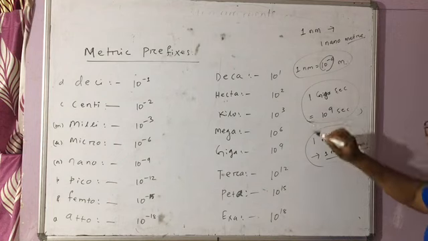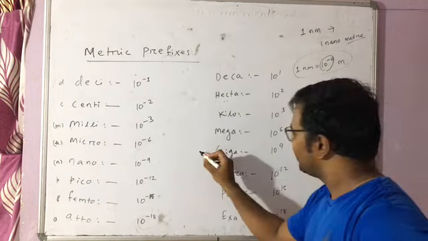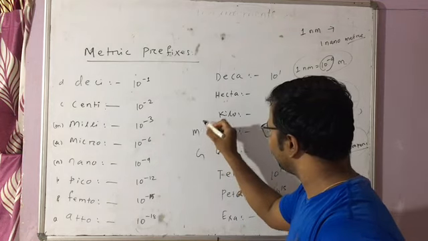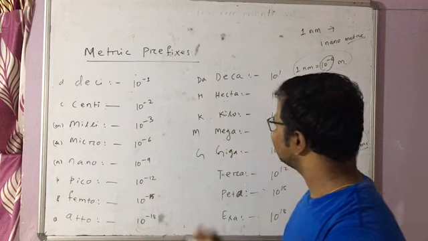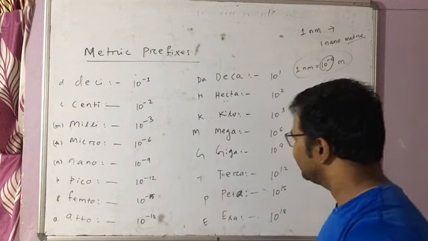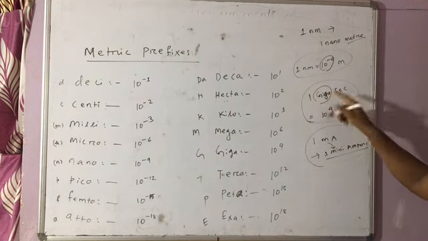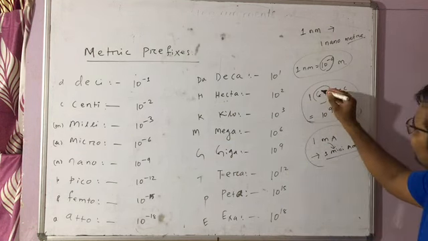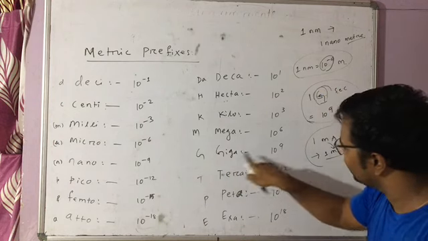Clear? Similarly, for the larger prefixes, giga is capital G, mega capital M, kilo K, hecta H, deca D or sometimes DA, tera capital T, peta capital P, exa capital E. So if somewhere it is written 1 Gsec, Gsec means gigasecond. 1 giga is how much? Giga is 10 to the power 9.